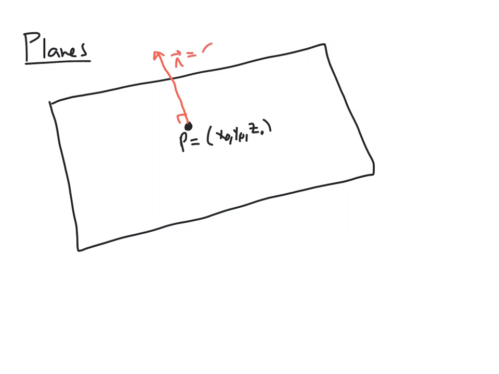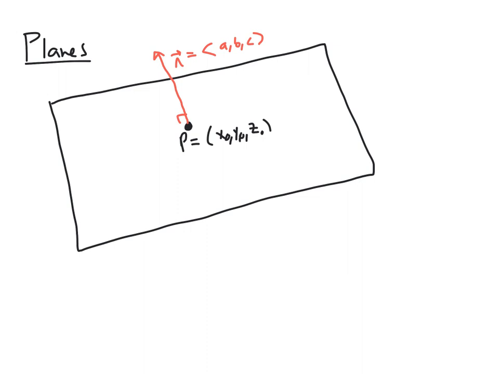And let's just give this the coordinates a, b, c. We know it has three components, so let's give those components names. And it turns out that this is actually enough to describe the equation of the plane, this one point and a normal vector.